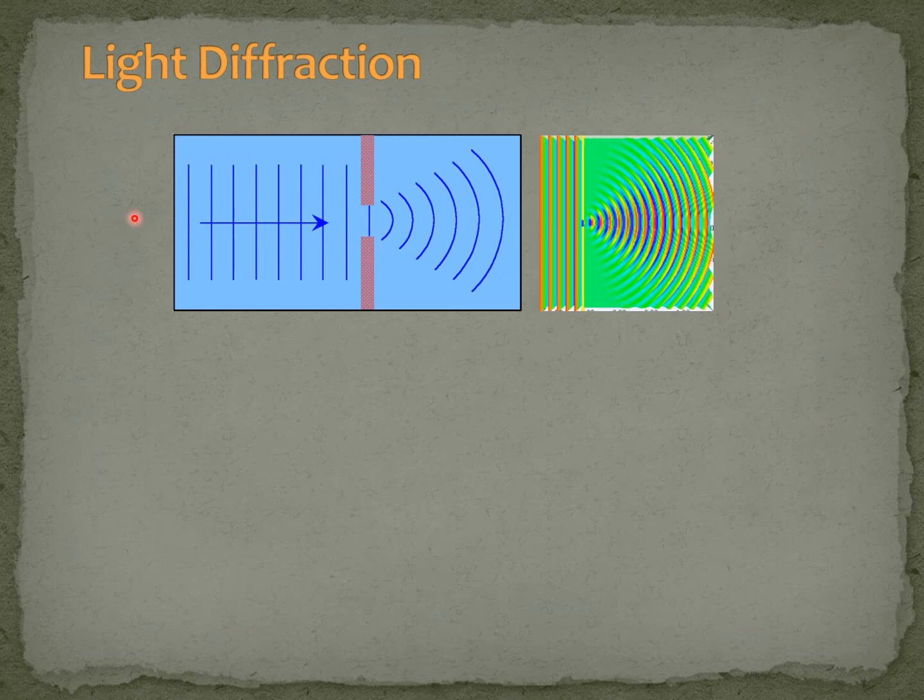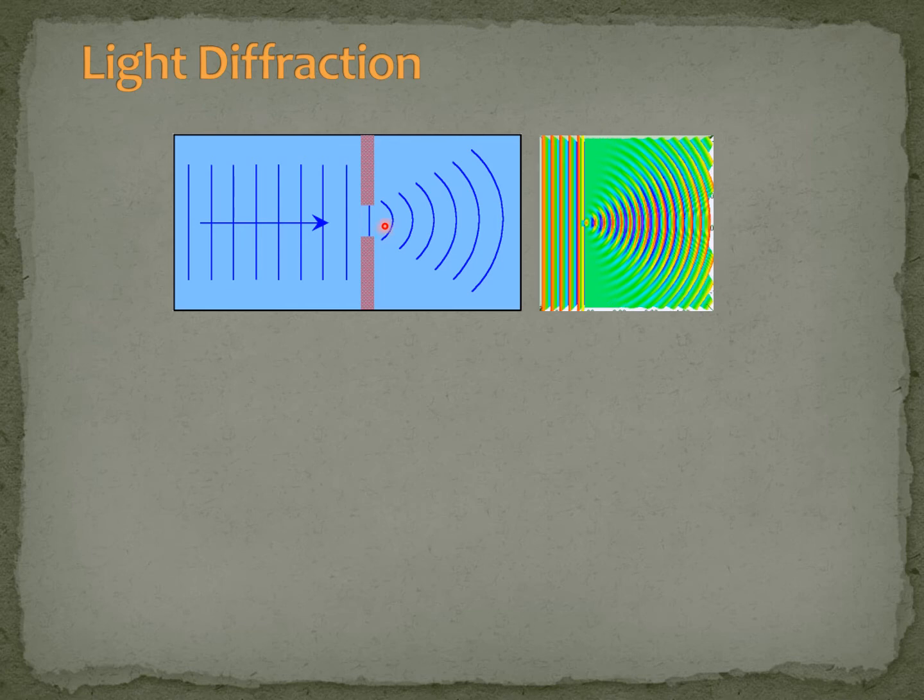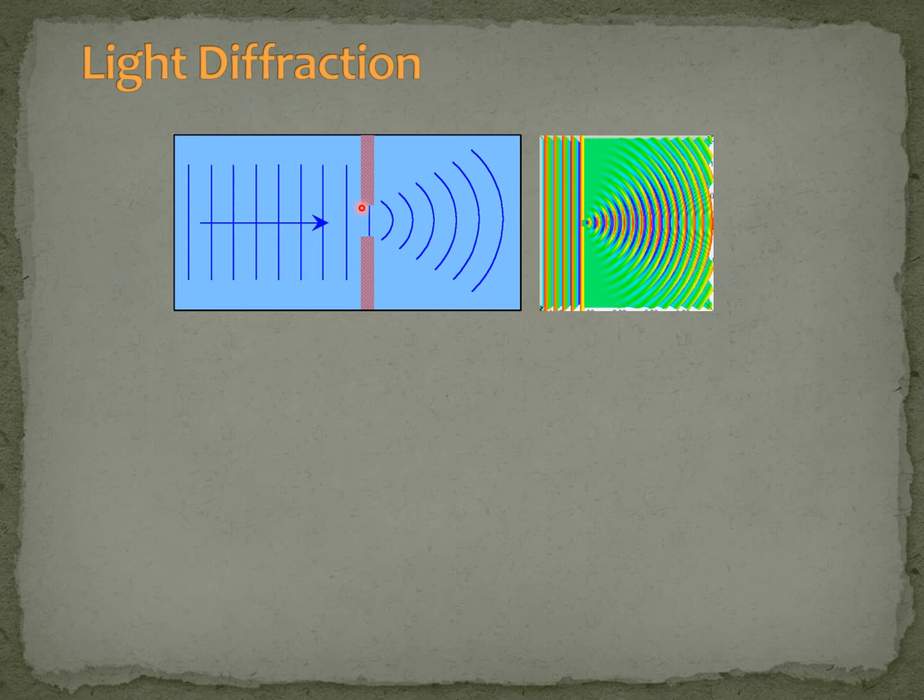When we make light waves pass through one small aperture, a hole in this wall, light will bend around this corner and around this corner. So the larger the opening, the less we observe this effect.